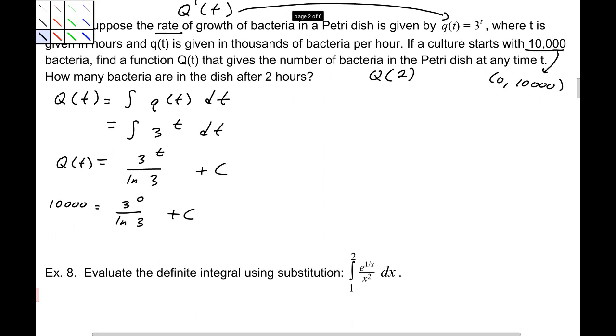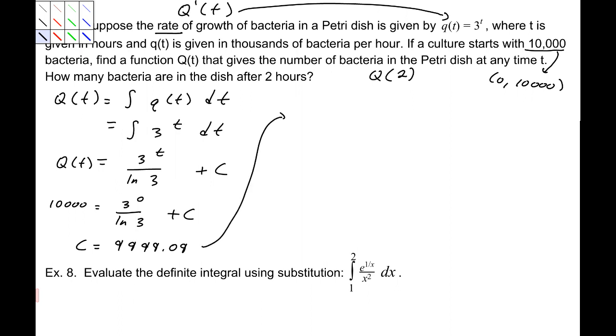If we solve that equation for c, c is 9,999.09, and I wouldn't round it to 2 decimal places. All right. So this gives us the equation Q of t equals 3 to the t over natural log of 3 plus 9,999.09.